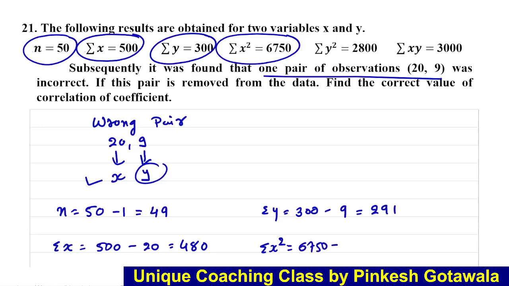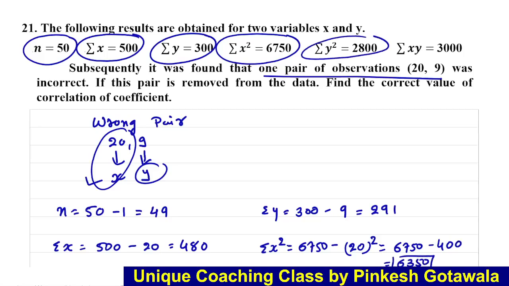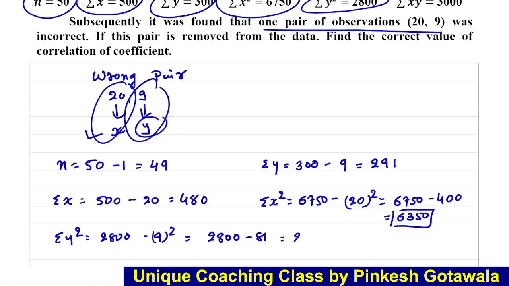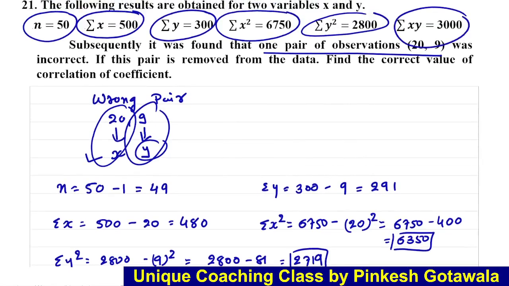So we have to subtract x square, 20 squared. 6750 minus 400 is 6350. Sigma y square 2800. We have to subtract y, which is 9, squared. 2800 minus 81 is 2719.